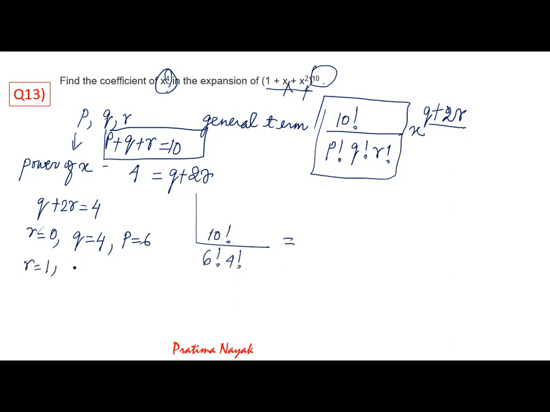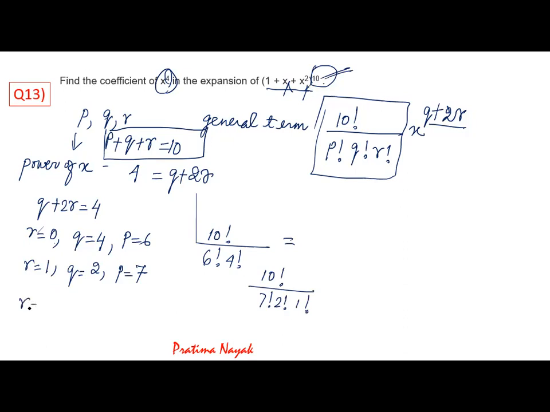When r is equal to 1, q will be 2. That time p will be certainly 7, because the sum is equal to 10. Where is 10? 10 is here. So that time the coefficient will be 10 factorial by 7 factorial, 2 factorial, 1 factorial.